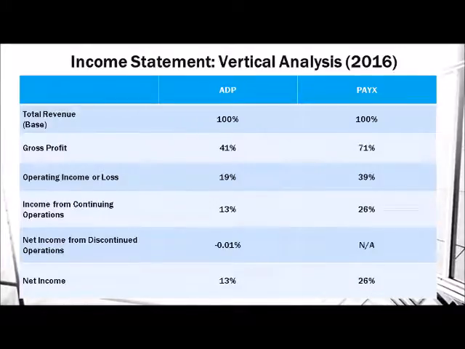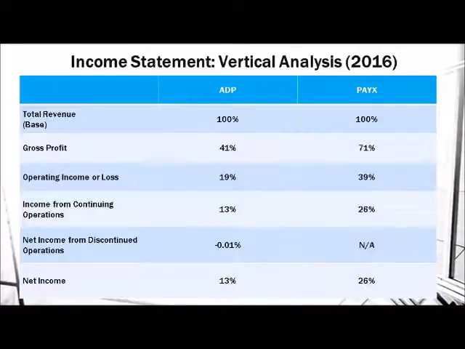On the vertical analysis of the income statement for 2016, we have used the total revenue as the basis for comparison for each company. It reveals that ADP's gross profit is noticeably lower than Paychex by 30%. In addition, the difference in operating income from ADP compared to Paychex is also lower by 20%.